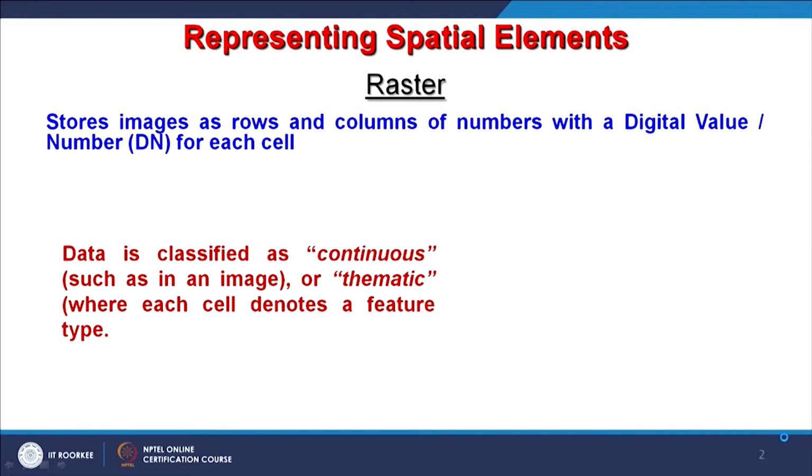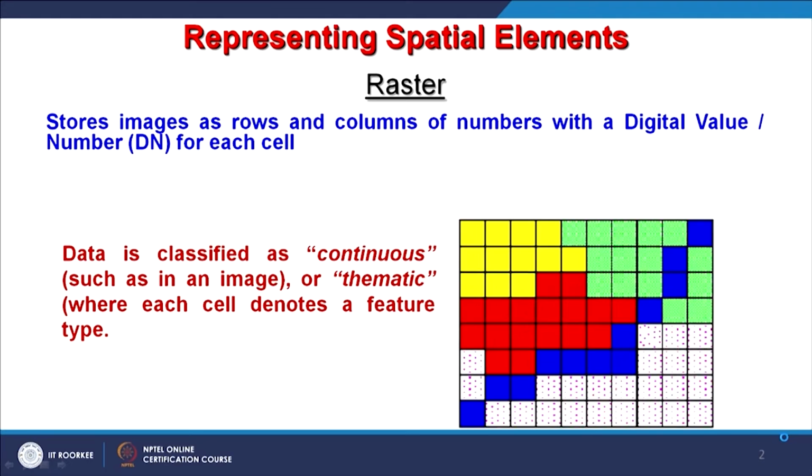As you also know, raster data is continuous data. As you can see here, one cell ends, another starts. If I take this yellow cell, then the next adjacent cell is the green cell, and there is no gap between these two.